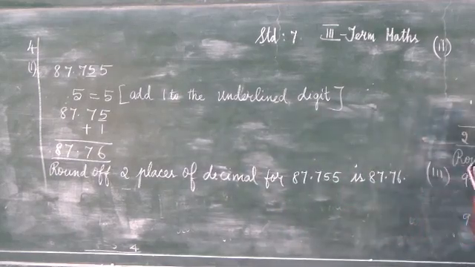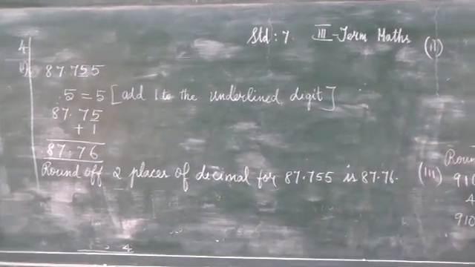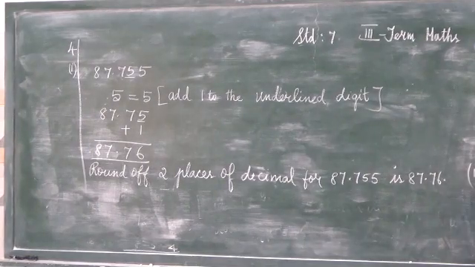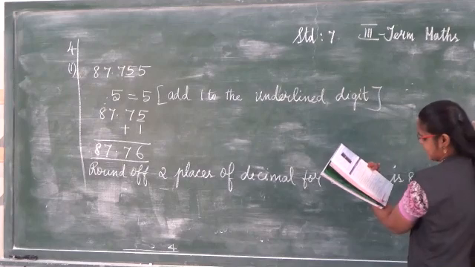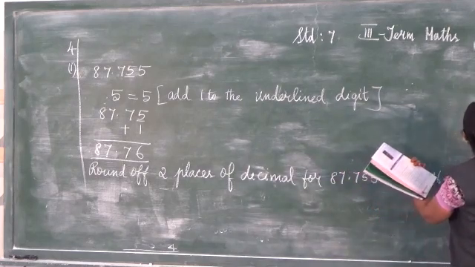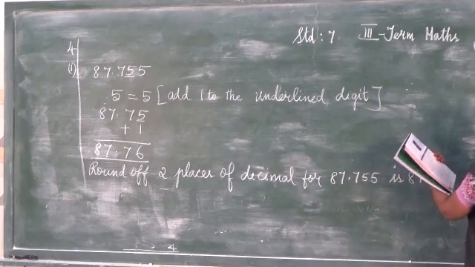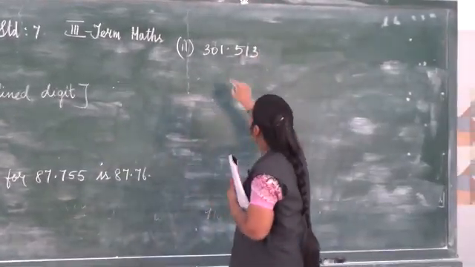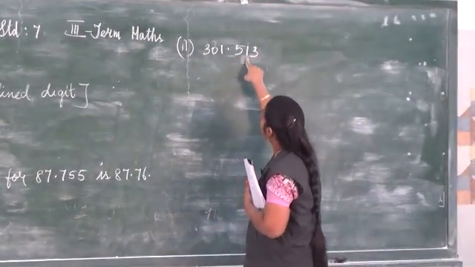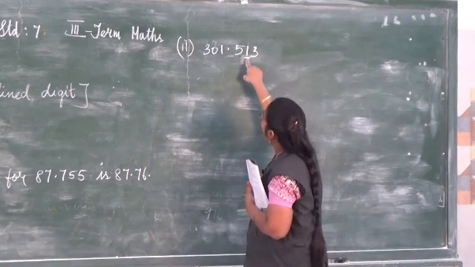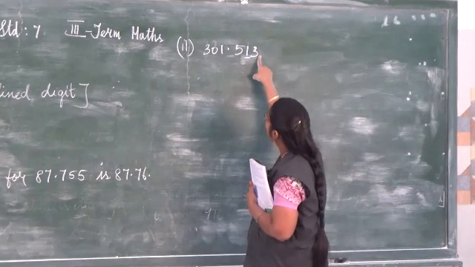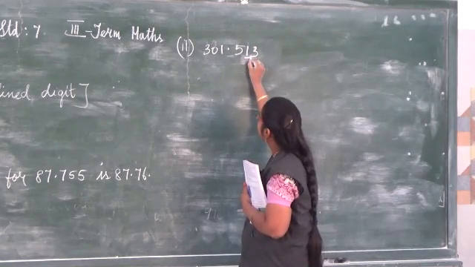Then the second problem, 301.513. After the decimal point, 2 digits must be there, so we have to take the 100th place and underline it.